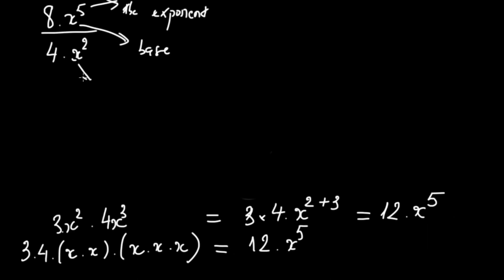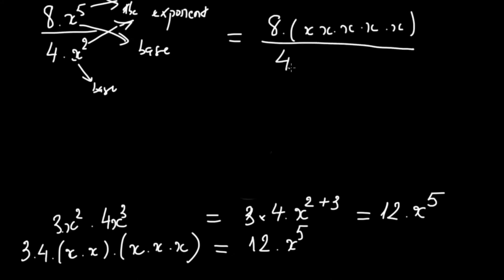X here is the base, and then 2 here is the exponent. Basically, we can rewrite the problem as 8, and we take 5 variables of x, we multiply them together, and then divide by 4 times, we take 2 variables of x, we multiply together.